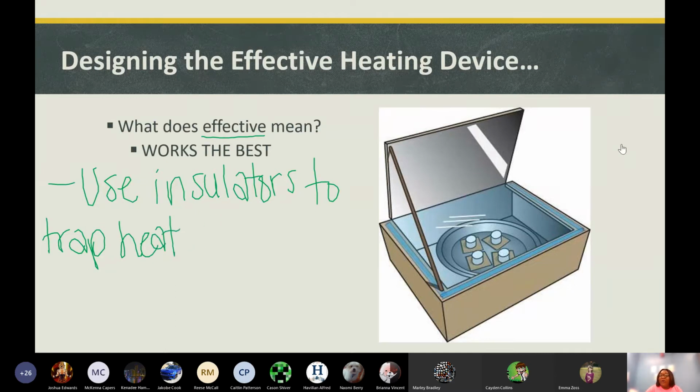Remember, insulators don't allow thermal energy to flow through them. So something like a cotton ball would be an insulator.